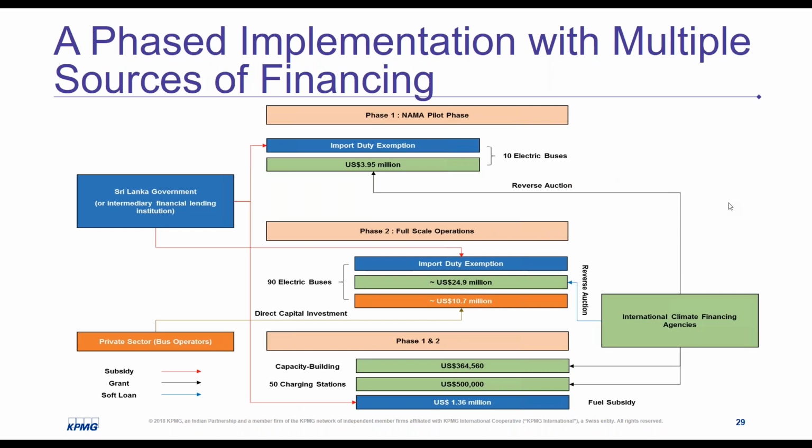Yeah, so here we've envisaged 2 phases, and this was largely in consultation with the government, depending on how much support the government was willing to make to the NAMA, and also the kind of funding that we could potentially secure through an international climate funding or a facility.